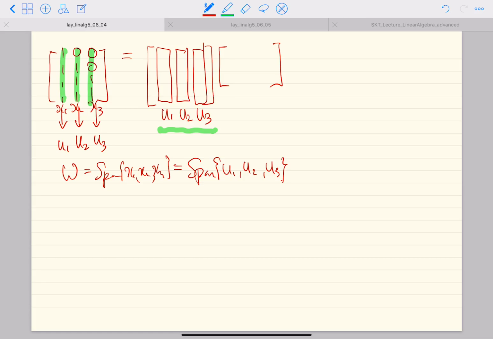So the overall idea of the Gram-Schmidt process is to maintain the same subspace.